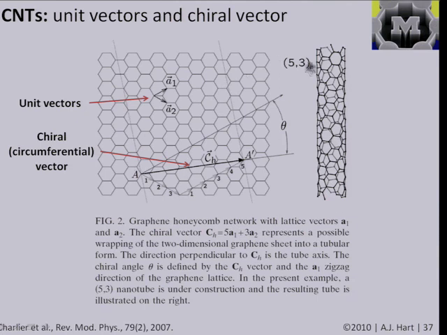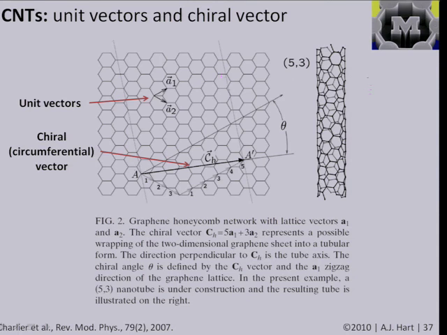So this 5,3 nanotube is exactly what you get when you take the hexagonal sheet and cut it in this direction, such that the circumferential vector represents 5 steps in the a1 direction, 1, 2, 3, 4, 5, parallel to a1, and 3 steps, 1, 2, 3, parallel to a2. And that's a 5,3 nanotube.